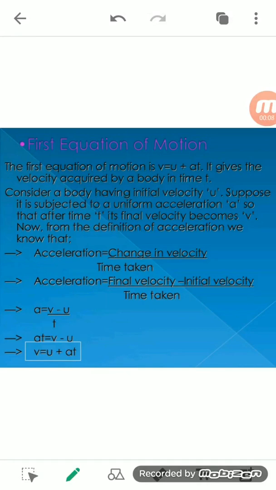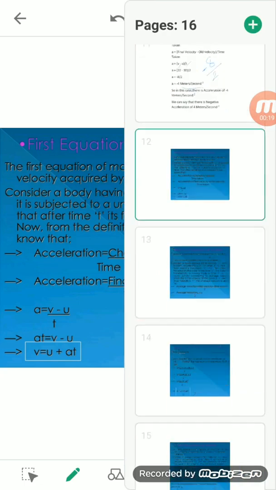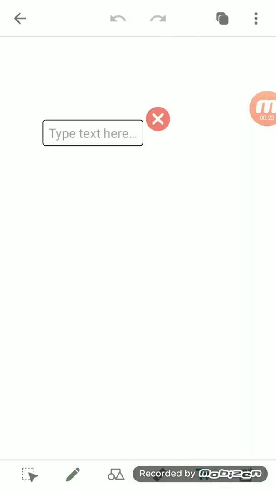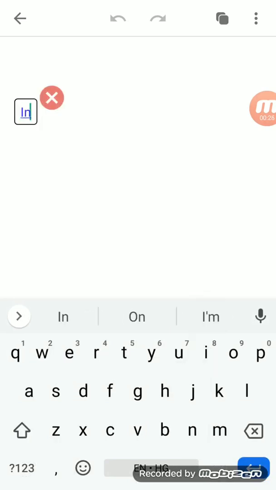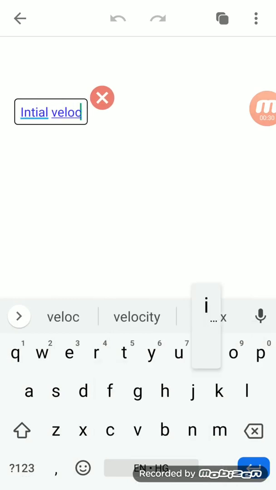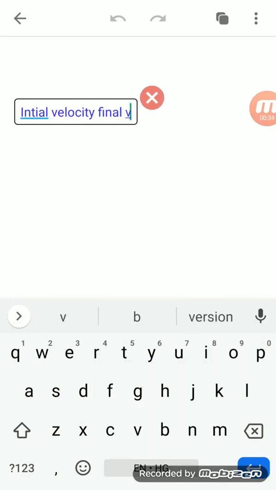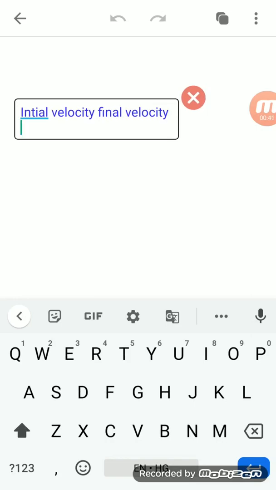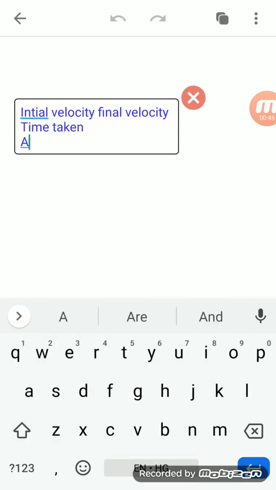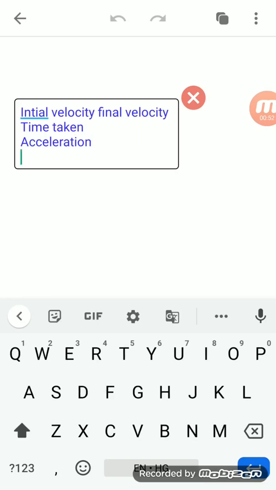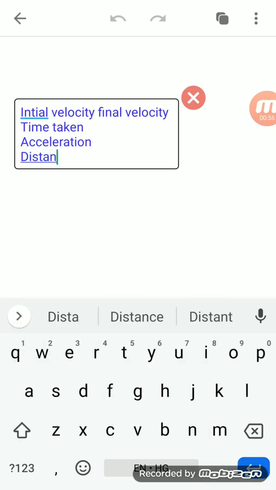Basically, there are three equations for the motion of bodies which travel with a uniform acceleration, and these equations give the relationship between the initial velocity, the final velocity, time taken, acceleration, as well as distance traveled by the bodies.